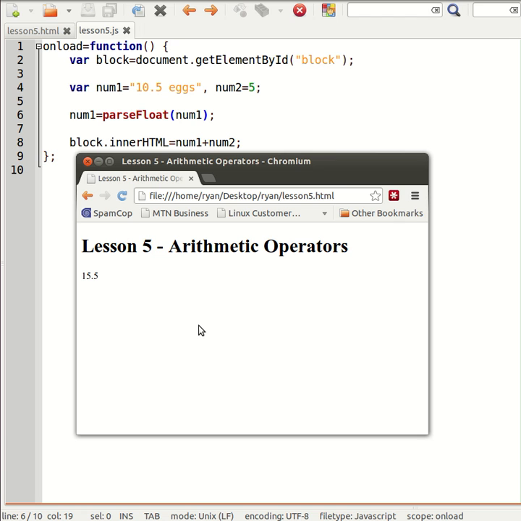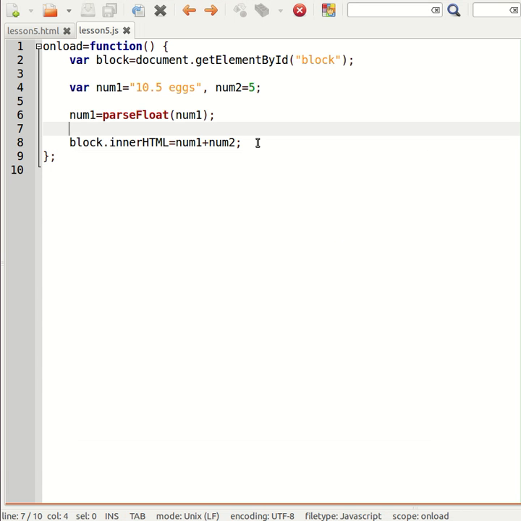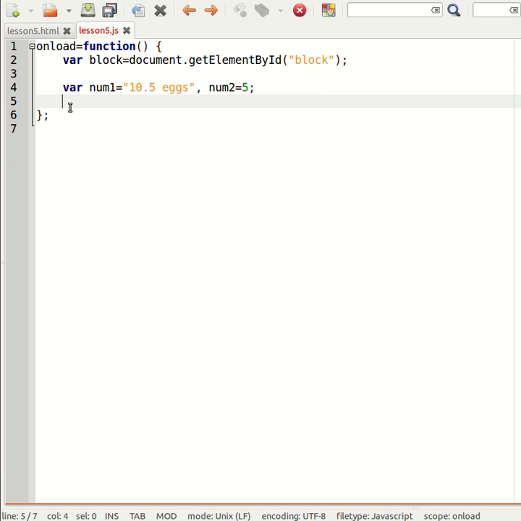When you are working with a string and you need to do a mathematical calculation with that, you would need to first extract the integer or float value from the beginning of that string before you could do a calculation on it. Alright, let's go back to looking at some of the other operators.